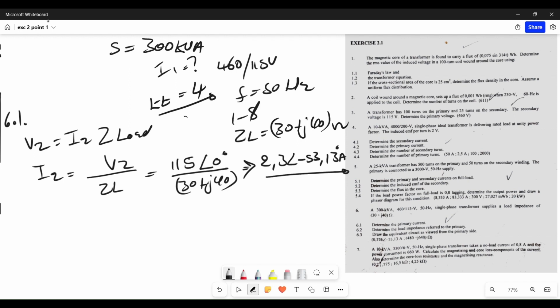Okay, for I2. So now that I have I2, I can say KT is equal to I2 over I1, and then I make I1 the subject of the formula.